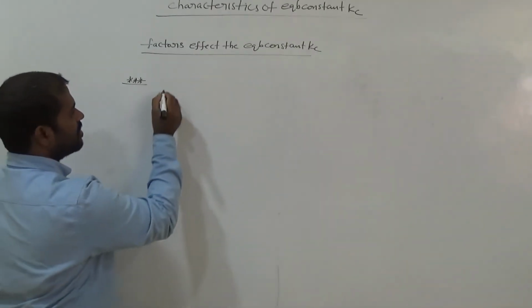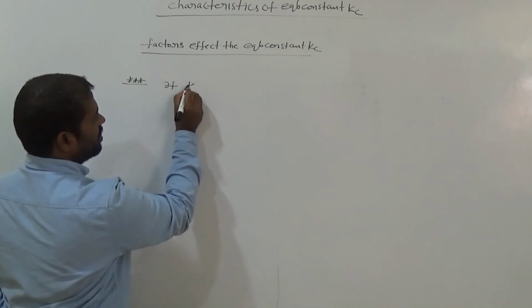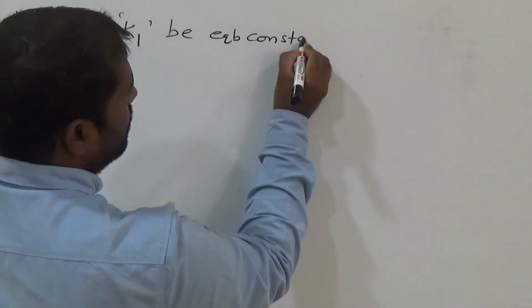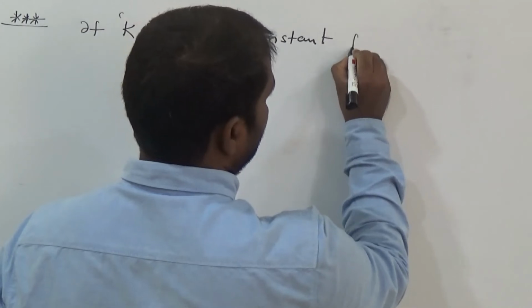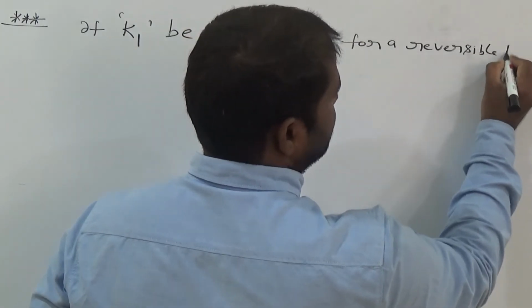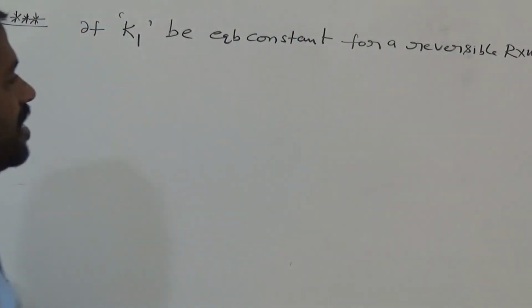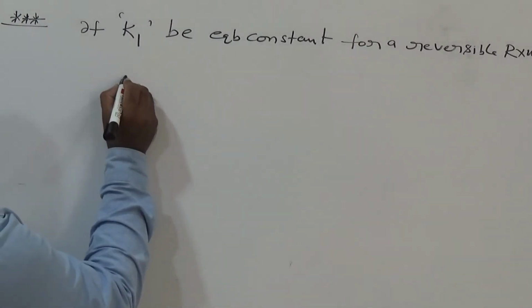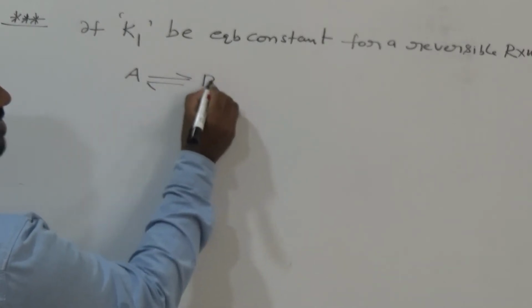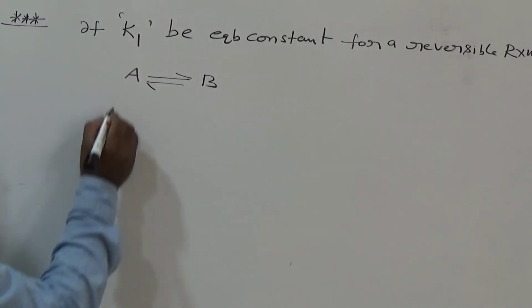So now we are going to discuss a very, very important topic. If K1 is the equilibrium constant for a reversible reaction, for example, A is reversible to B. What is the quotient? 1.